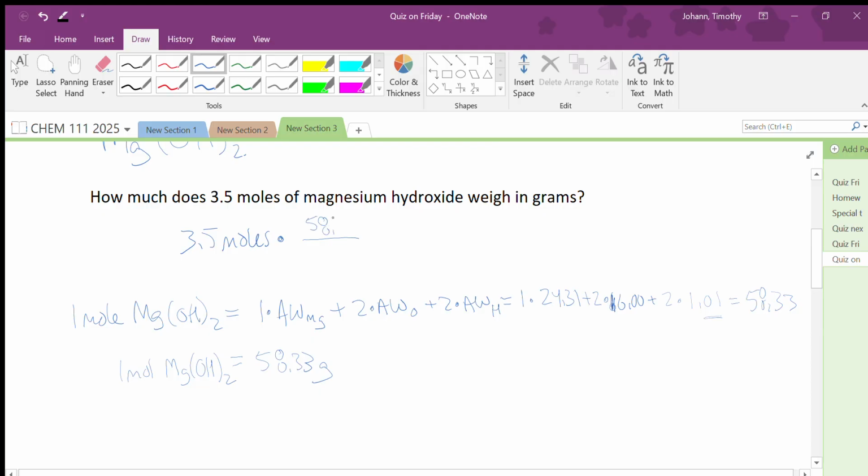So 58.33 grams over 1 mole. And so put that in my calculator, 3.5 times 58.33, okay. And I get 204.155 grams, but that's not going to be correct sig figs, right? How many significant figures here in the answer? 2.